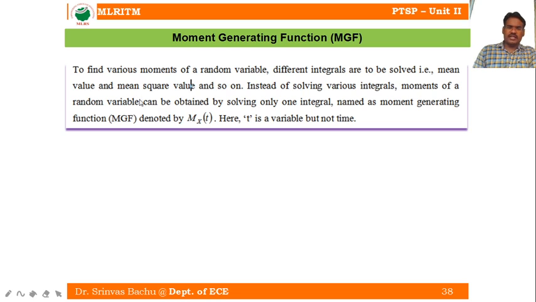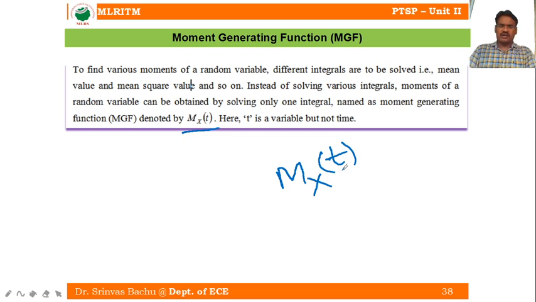This is denoted as M_X(t). The suffix X indicates the moment generating function of the random variable capital X. This t is not a time variable, it's an arbitrary constant or variable. Clear?